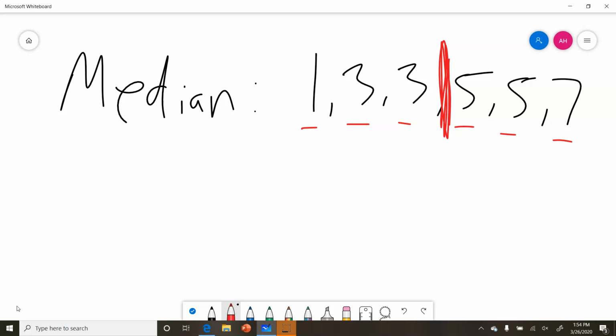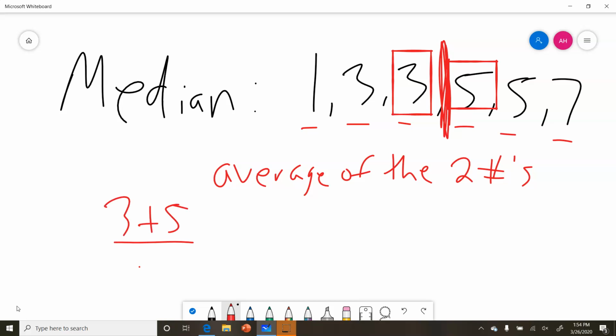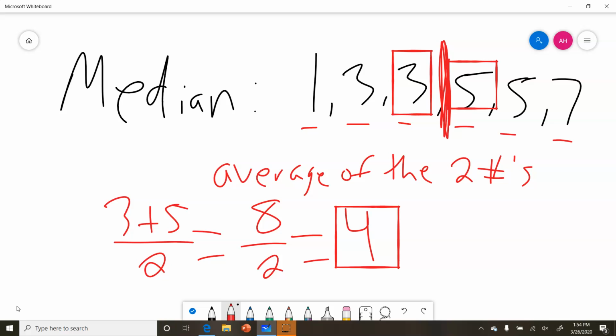So the way we find that is we take the average of the two numbers. So we take the average of 3 and 5. We do 3 plus 5 divided by 2, which is 8 divided by 2, which is 4. So the median on this problem is 4, even though there is no 4 up there. Okay, I hope that makes sense.